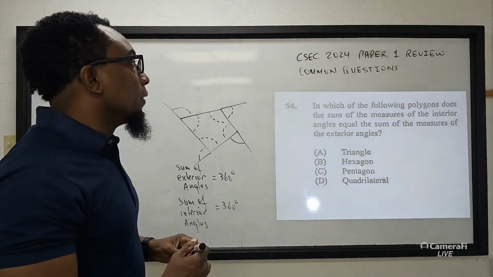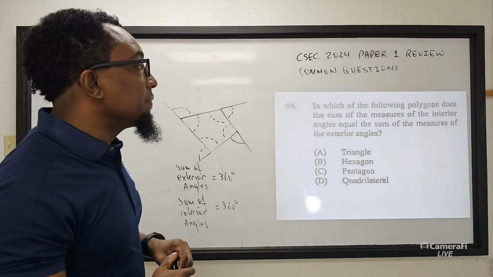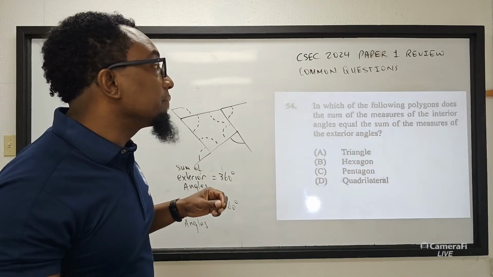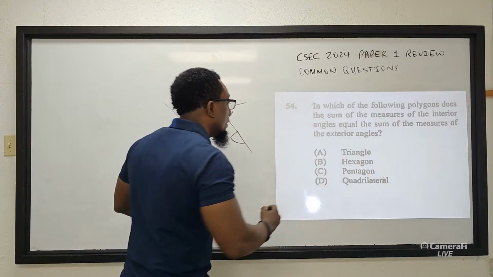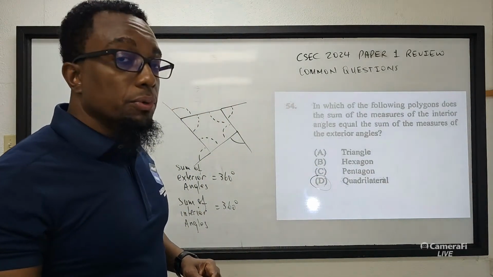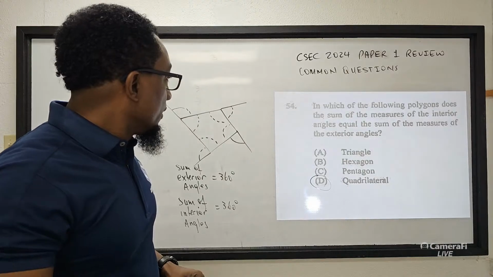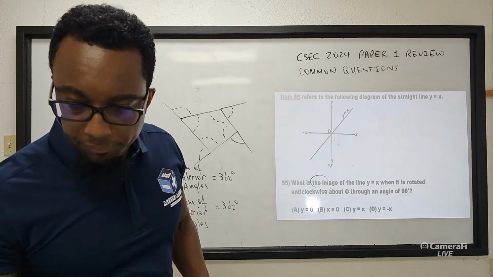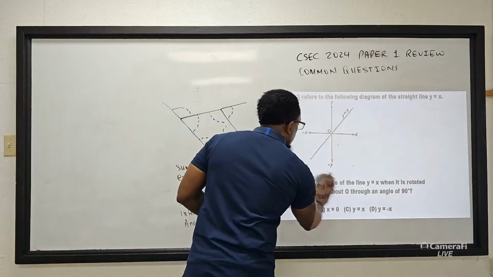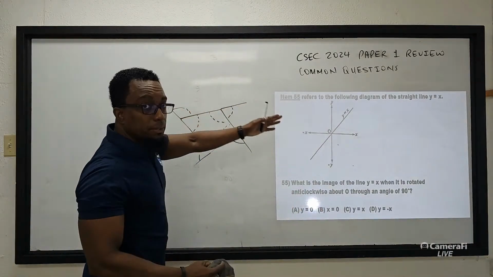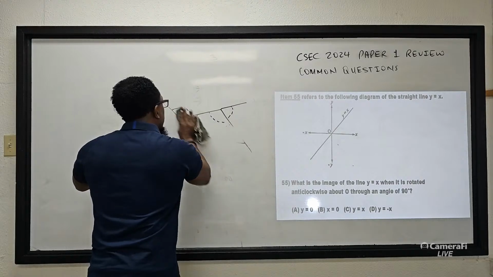So when they ask which of the following polygons has the sum of the measures of interior angles equal to the sum of the measures of exterior angles, that will be your quadrilateral. Alright? So make sure we know that. Okay? Right, so let's look at 55. Another common question, very common.